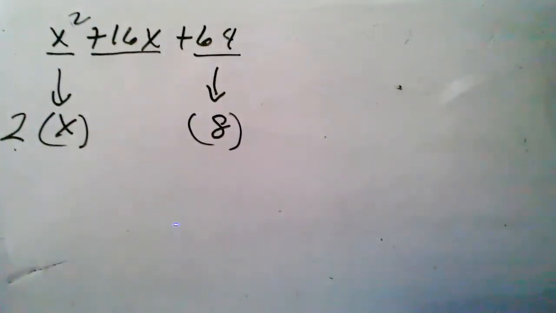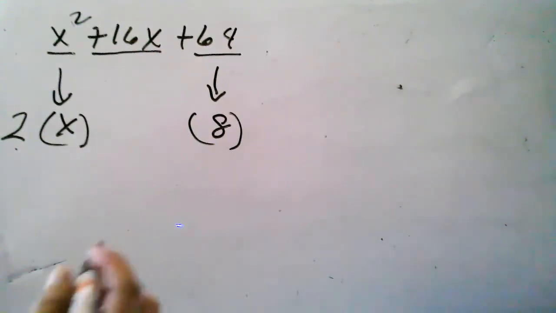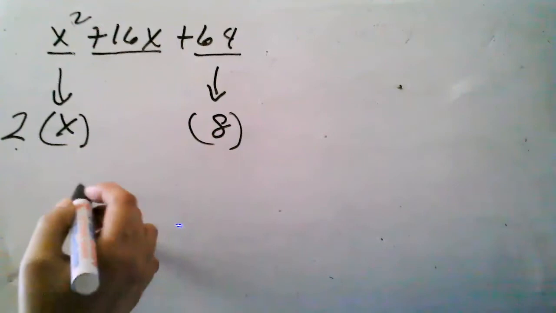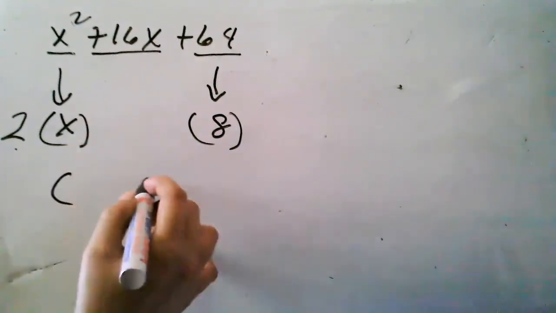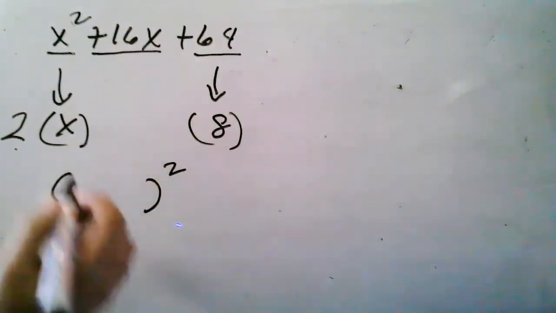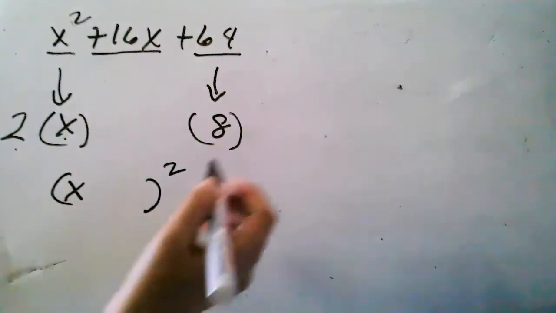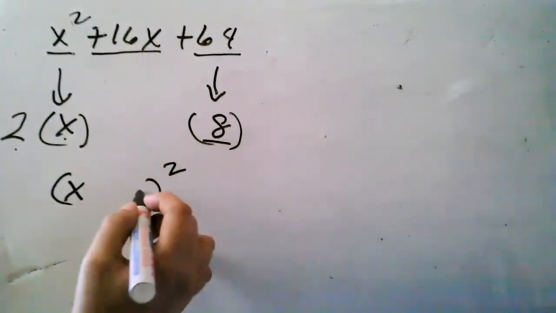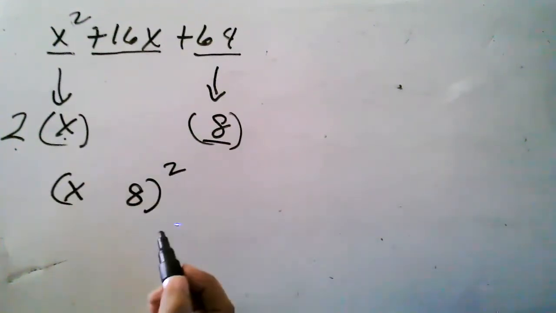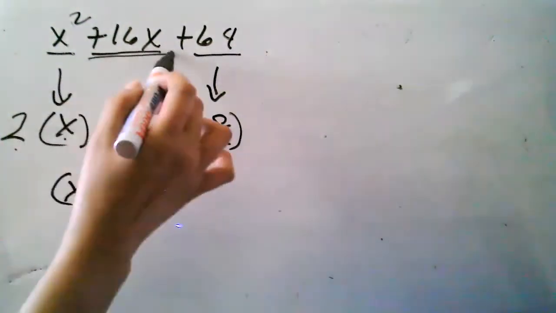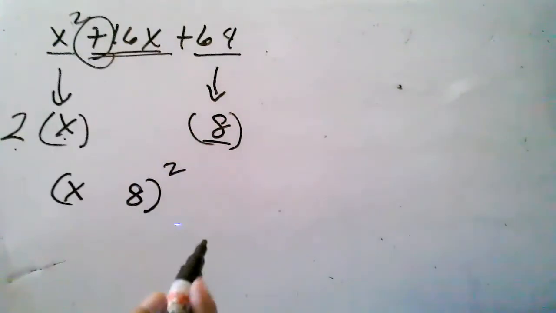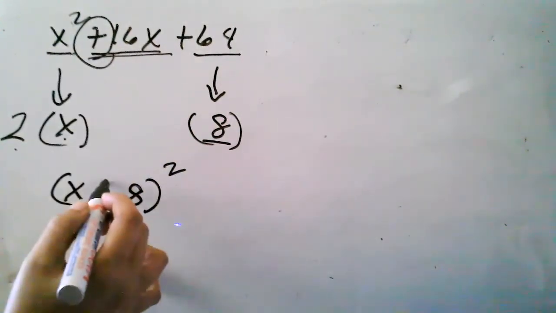Okay, next is to write this down in factored form, which is the binomial factor. So x is the first term of the binomial factor, and 8 is the second term. And since the middle term has a positive sign, that means 8 is also positive.